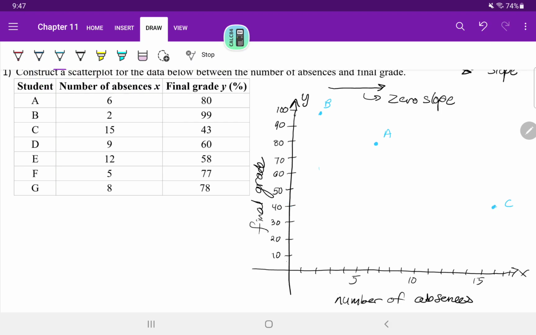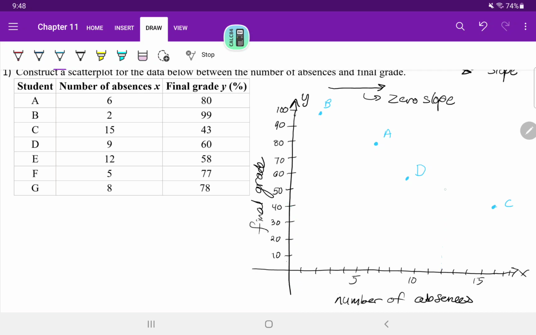Student D, 9 absences, final grade is a 60. So 9 and 60. My hand-eye coordination sucks. That should be good enough. Student E, 12 absences, grade is 58. So 12 and 58.